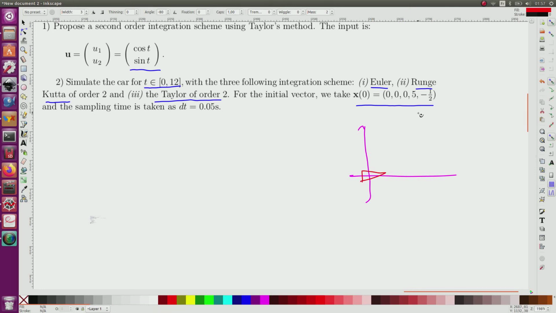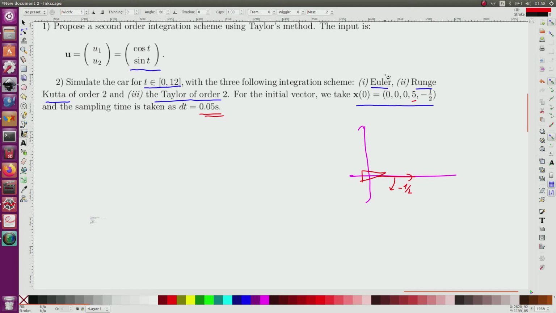There is a speed of 5, and a rotation in this direction of minus half radian per second. The sampling time that will be taken for the simulation is not too small, to see some differences between the different integration chains.